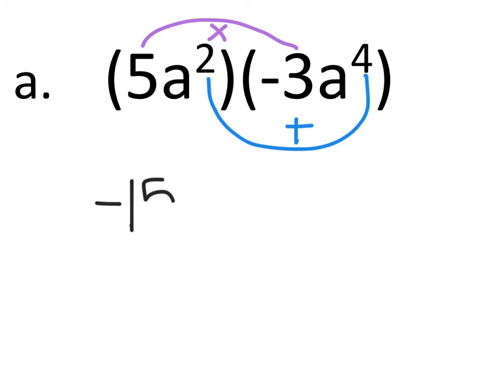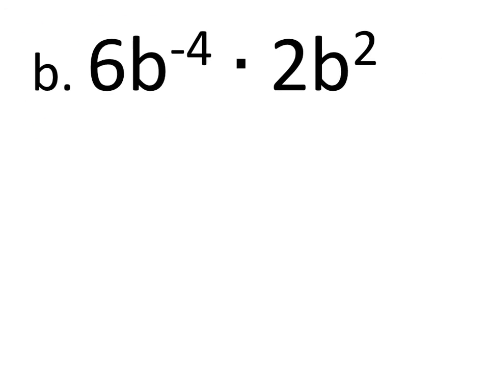Gives us a negative 15. My base is a. And we're going to add the exponents. 2 plus 4, which gives me 6. Confusion? We okay? All right, let's look at the next one.